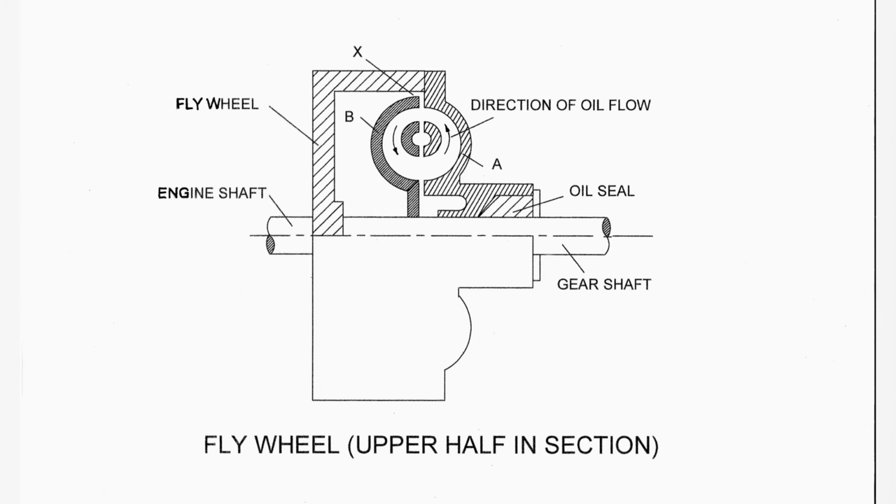The fluid, as you can notice, flows in the anti-clockwise direction. The motion that is available on the rotor on right hand side, because of the rotation of fluid, is passed on to the rotor on left hand side, which is mounted on gearbox shaft.